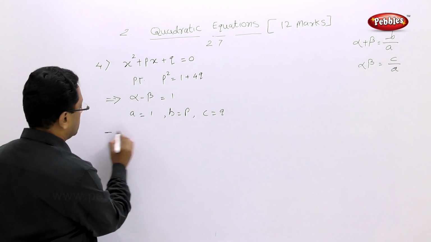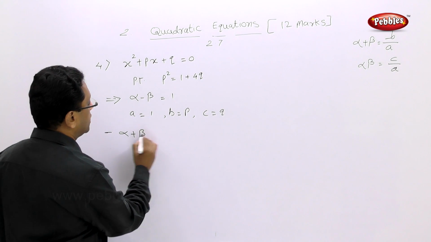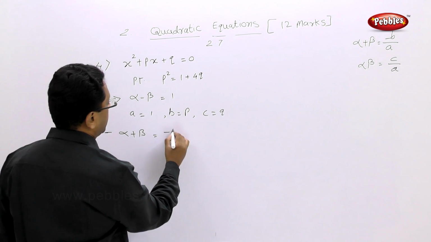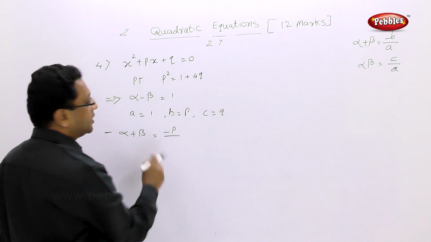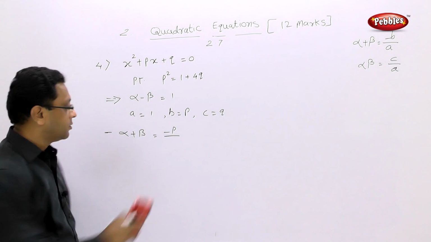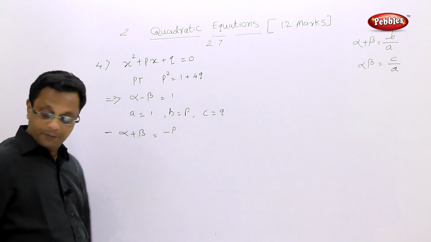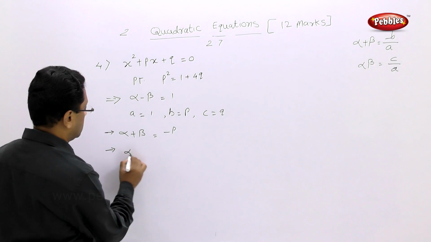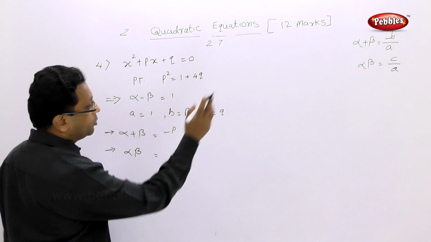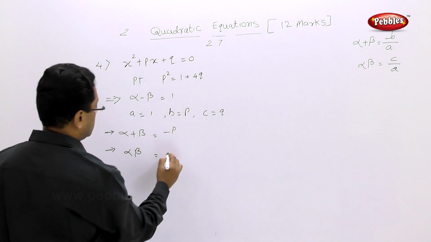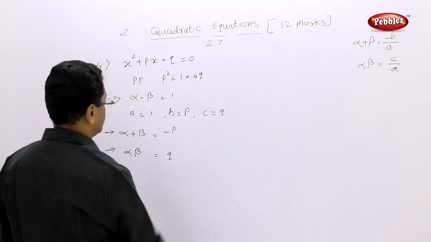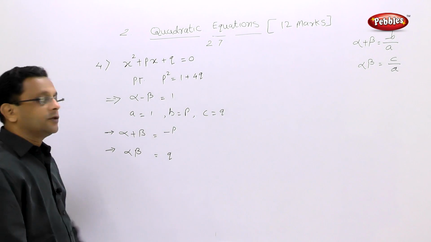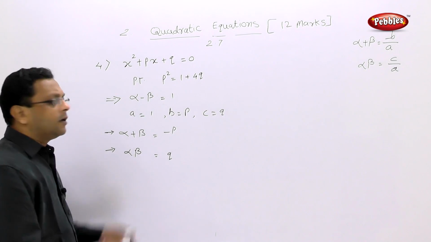So alpha plus beta is equal to minus b upon a, so it is minus p upon 1, so no need to write 1, so it is minus p, and alpha beta is equal to c upon a, that is q. Okay, now how will you prove this? Let us see.